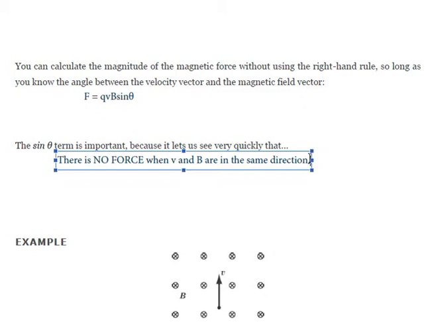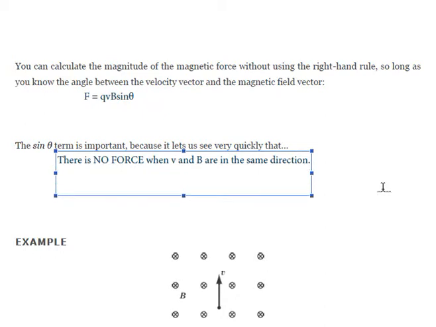We can also tell from the sine theta term when we'll have our highest force, the maximum possible force. So maximum F occurs when V and B are at right angles to each other, so 90 degrees. So when they're perpendicular, you'll have the highest possible magnetic force.